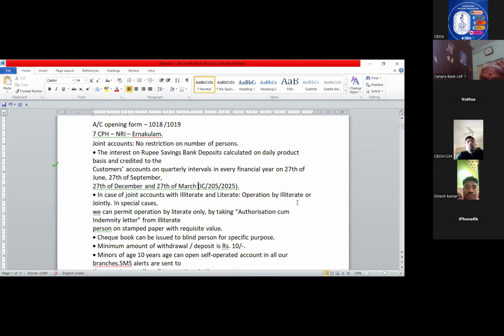If the illiterate accepts to open jointly, then we can open it jointly. We can permit operation by the literate only by taking an authorization cum indemnity letter from the illiterate. Only after that can the literate operate the account and take the money.